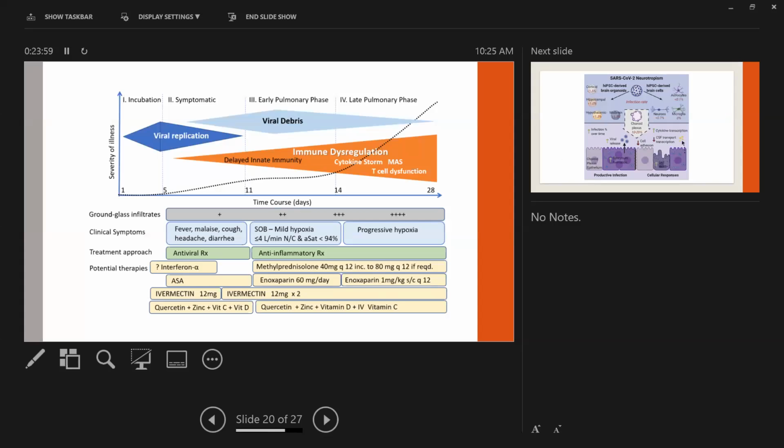Now, the disease, it turns out, the virus only replicates in the body for about 10 days. This is one of the reasons why your antivirals only work if you give them early, because the disease that you have in the first about week to 10 days, that's a result of the viral replication. After this, it's due to the immune system essentially revving up and causing what's called a cytokine storm.